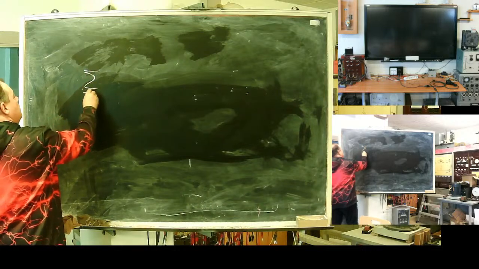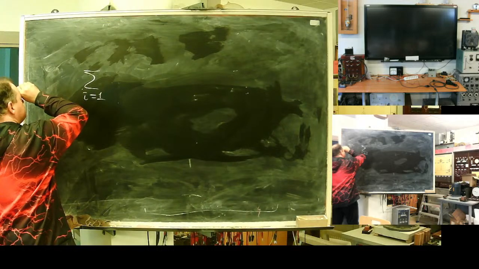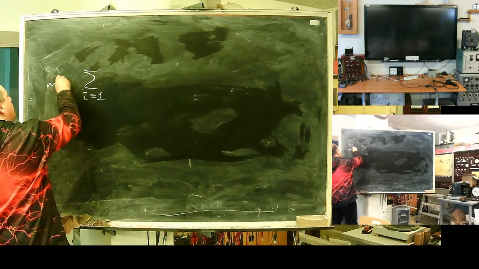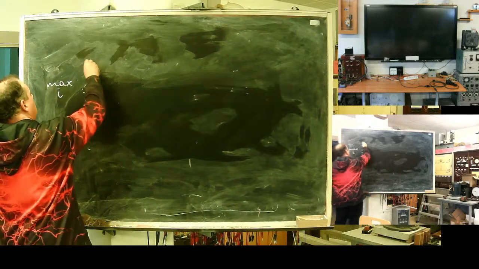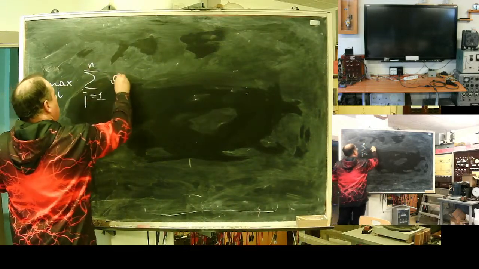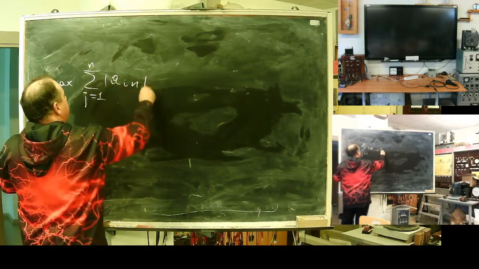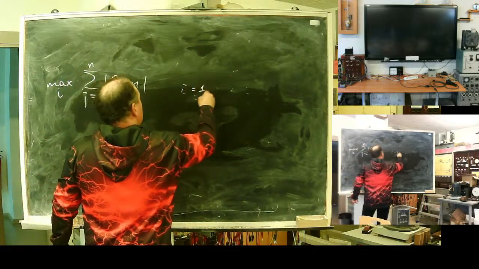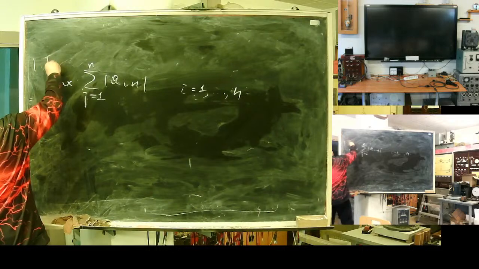The sum over i from 1 to n of a_ij, maximized over j from 1 to n. It's norm number 1.